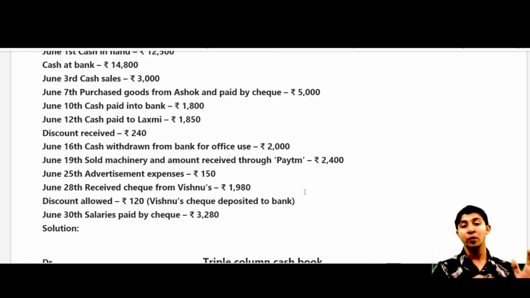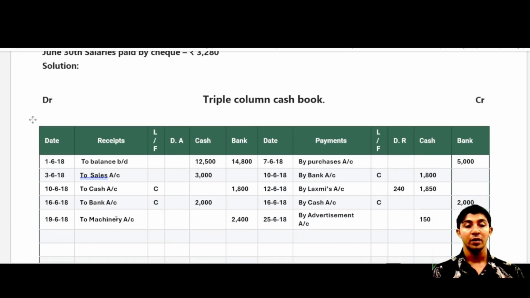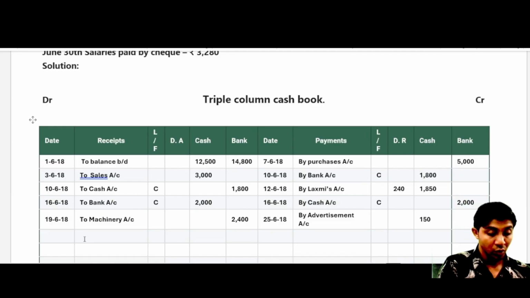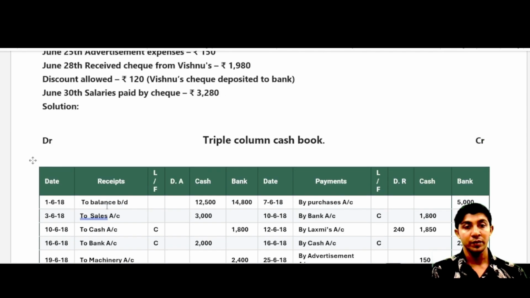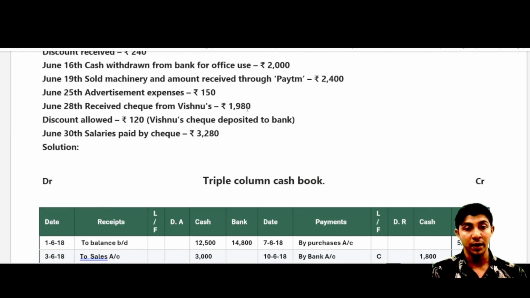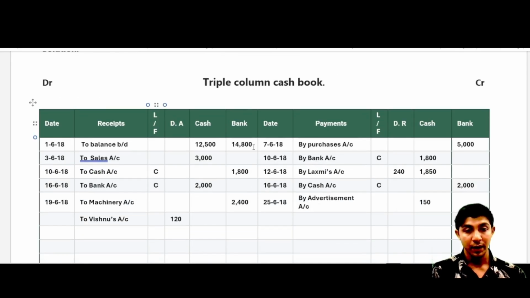So we need to move towards the receipt side. ठीक है, बिजनेस में पैसे आए, so he is giving that check, Vishnu's account. What is the amount? The amount is 1980 and discount is 120.